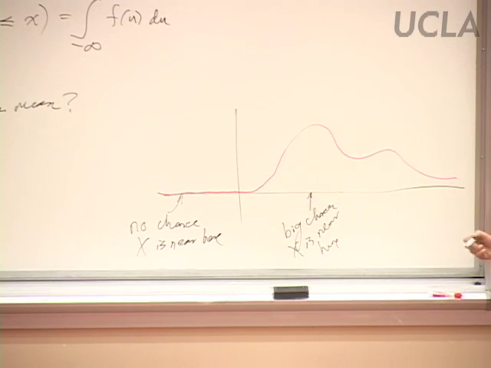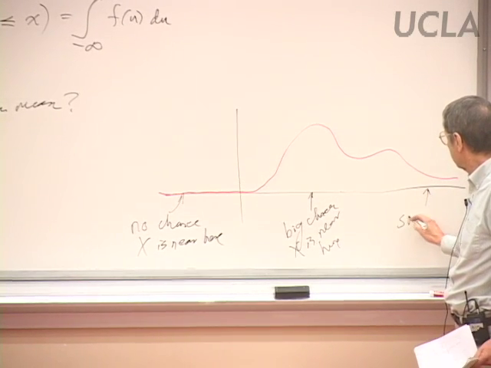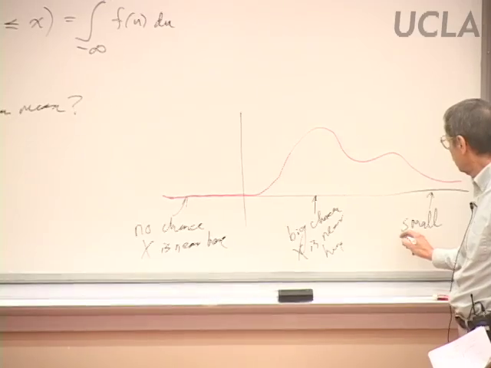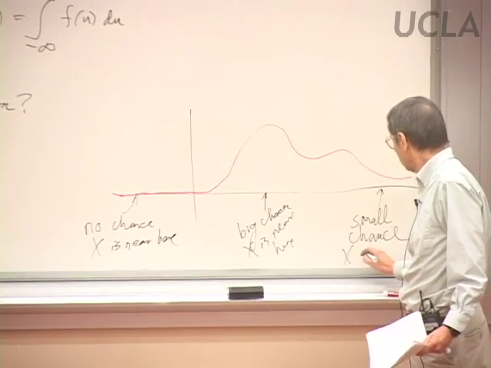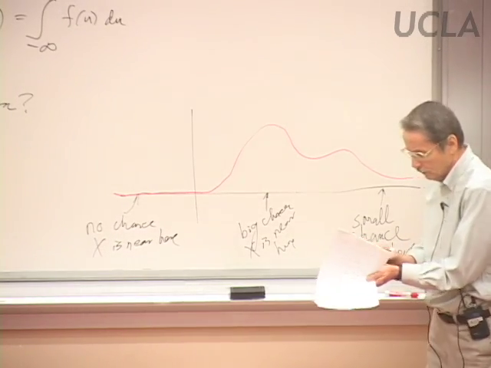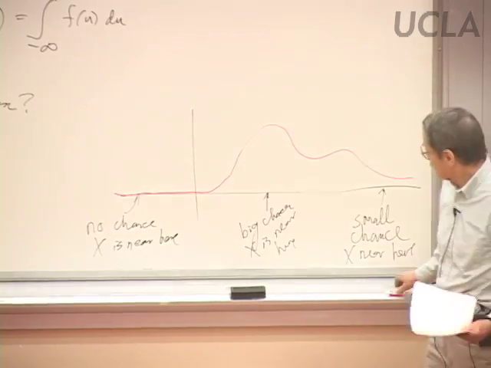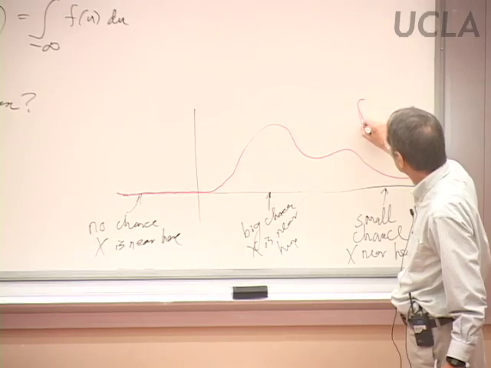Whereas when the density is small, yeah, x might be there, but there's a small chance that x is near here. Well, this is the graph of the density function.